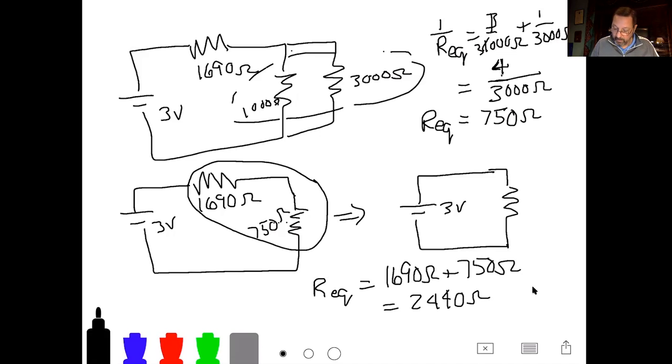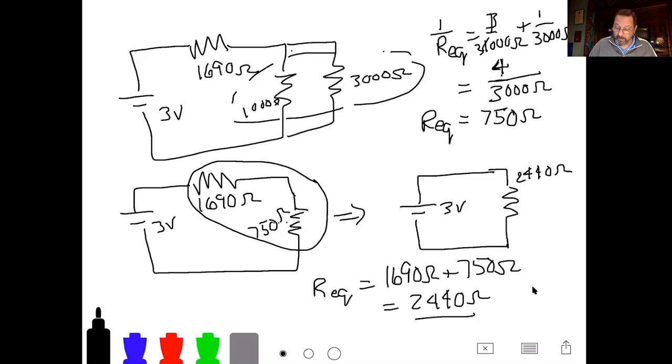Does that look right? 0, 14, or bring the 1 up, 14. Yep, that looks about right. That's the single equivalent resistance, 2440 ohms.